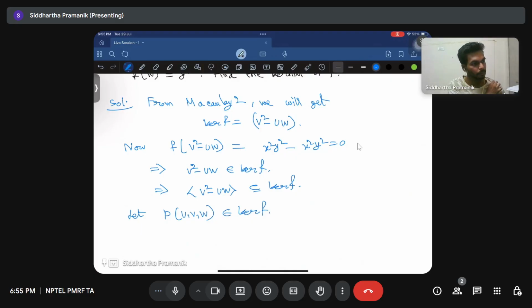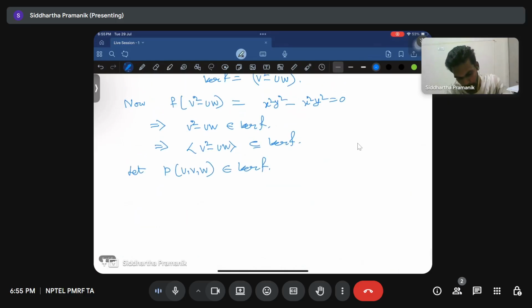Now we can think of this polynomial as a polynomial in v with coefficients from Q[u, w]. So p(u, v, w) belongs to Q[u, w][v]. This is the base ring and the polynomial ring over v. Just think like this and then use the division algorithm.